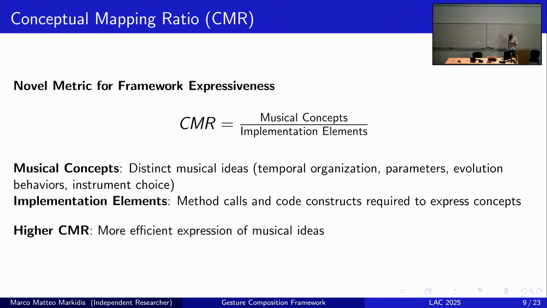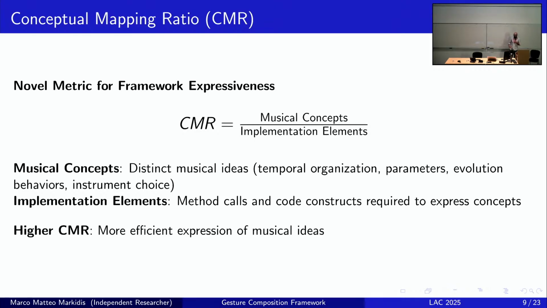And I also introduce what I call the conceptual mapping ratio. I try to give a quantitative analysis to what I wrote. I introduce a metric that I call the conceptual mapping ratio, which is basically the ratio between a musical concept and the implementation element.